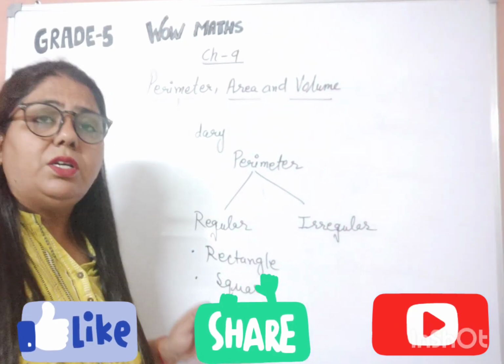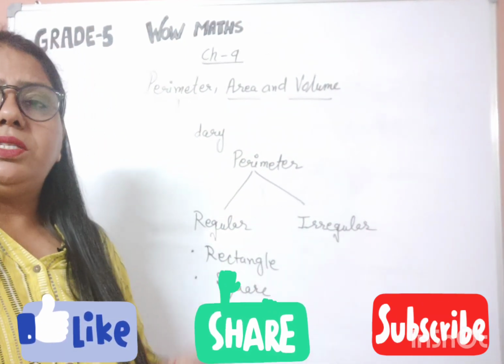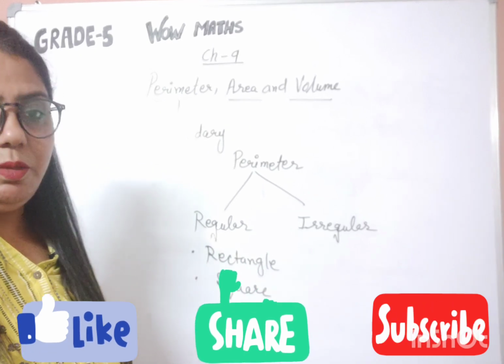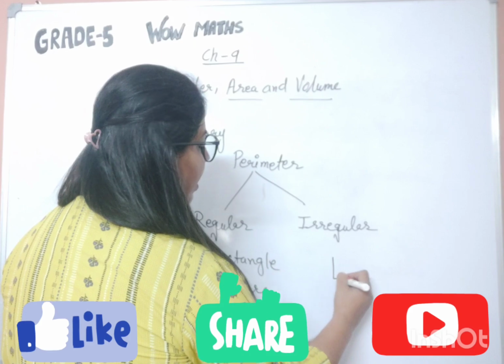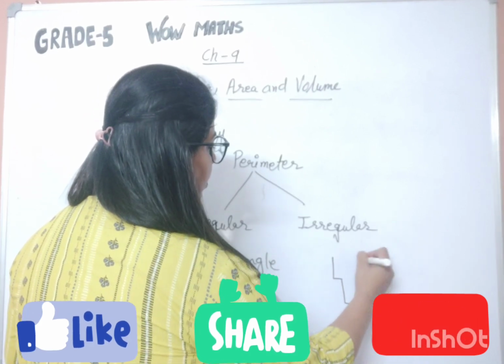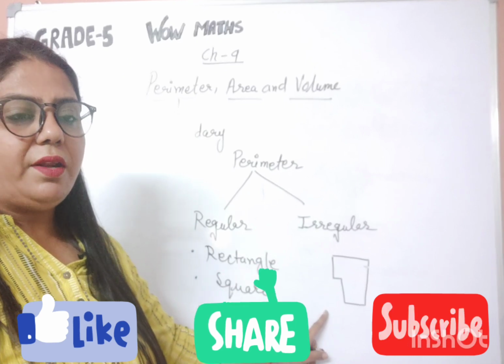There are some figures whose names we don't know, which are called irregular figures, but still we can find the perimeter of those figures. Suppose I have this shape, I don't know the name of this shape, so this is an irregular shape.